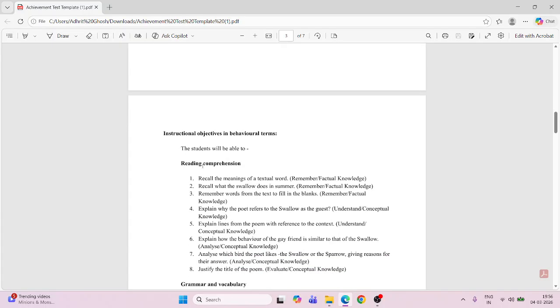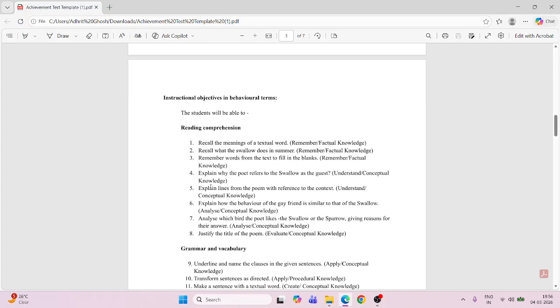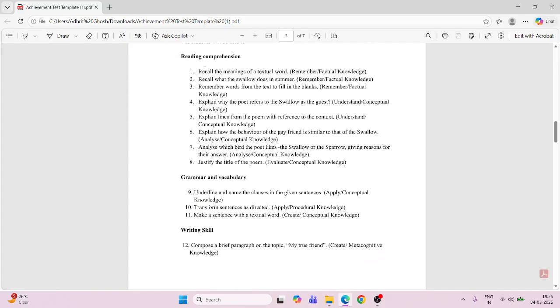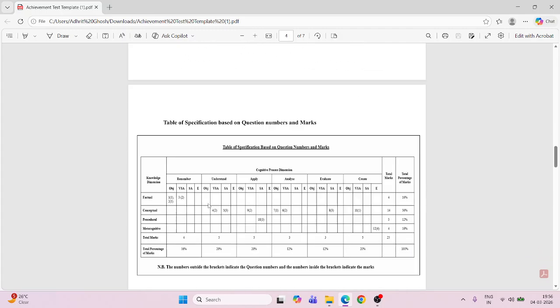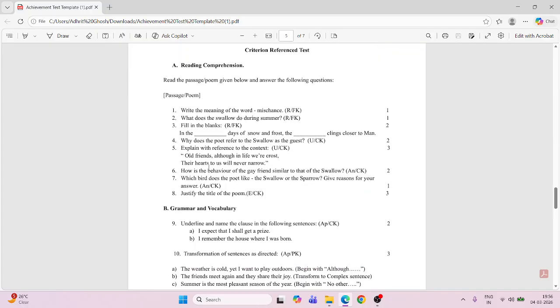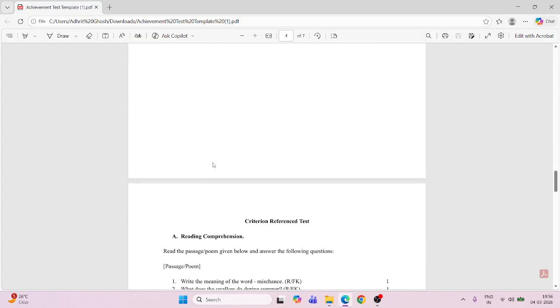And remember, you should not make mistakes based on the action verbs. These action verbs must be exactly as permissible under each criterion. So you divide them into these three segments, because the questions also have to be set according to reading comprehension, grammar and vocabulary, and writing skill.